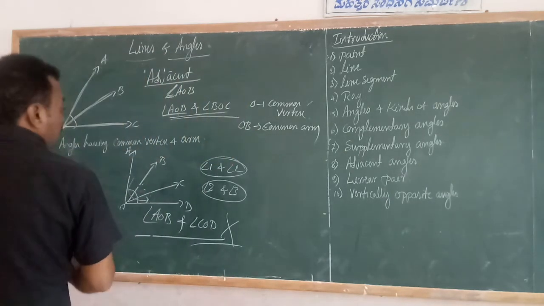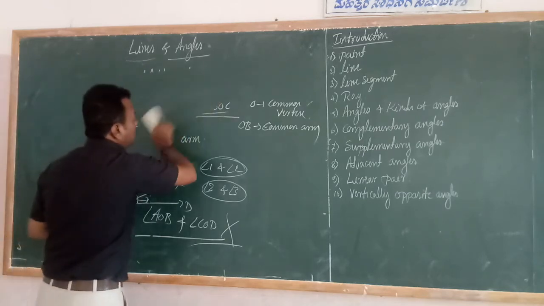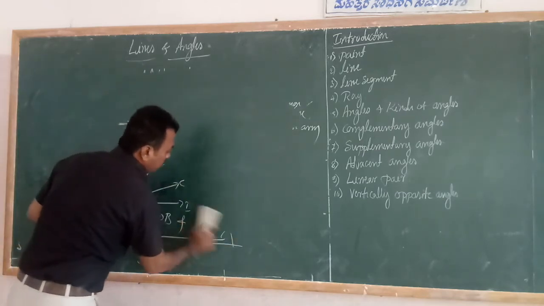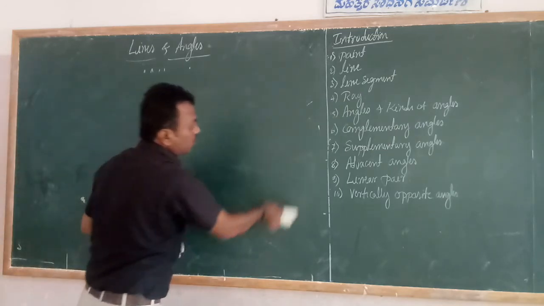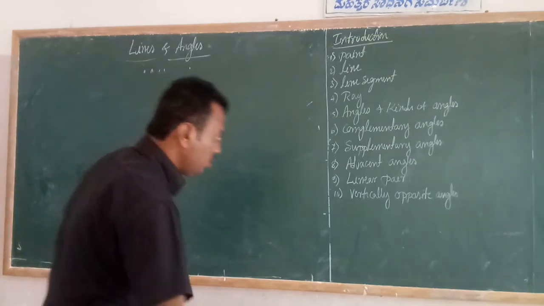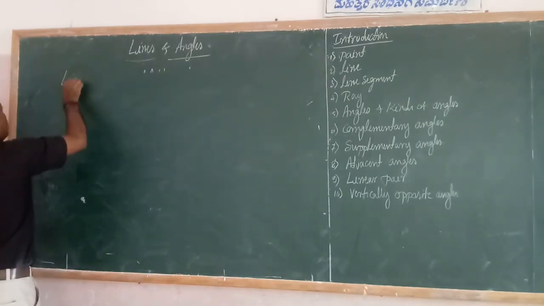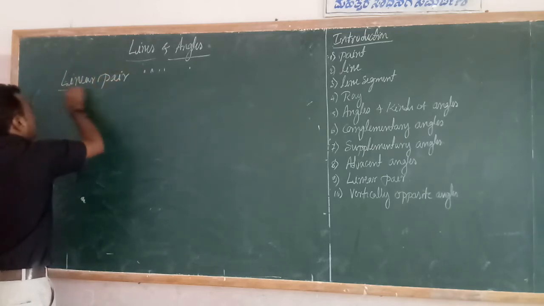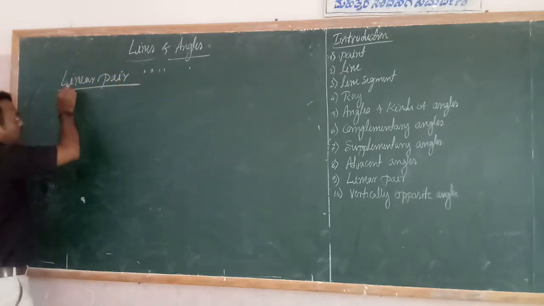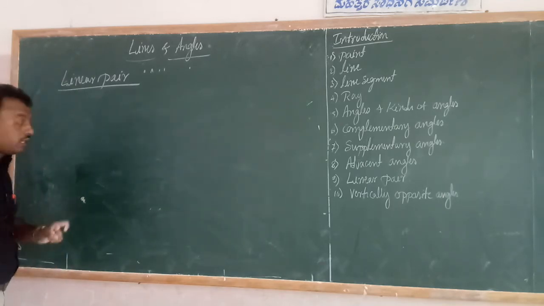So next, linear pair. Linear pair means, friends, linear means straight line.